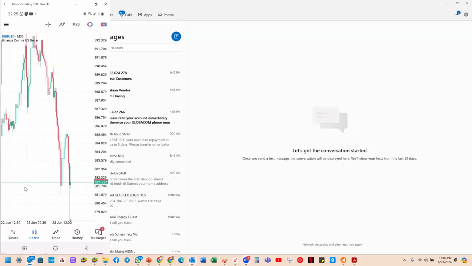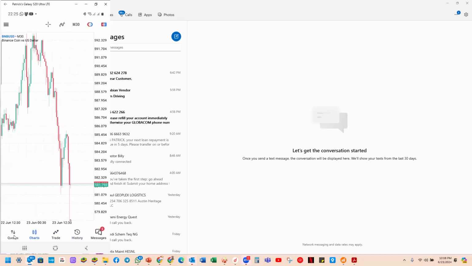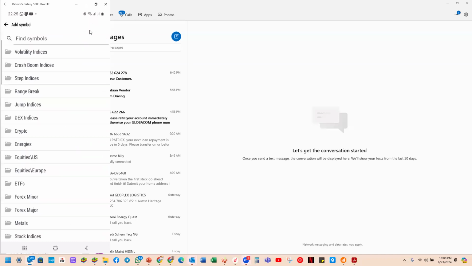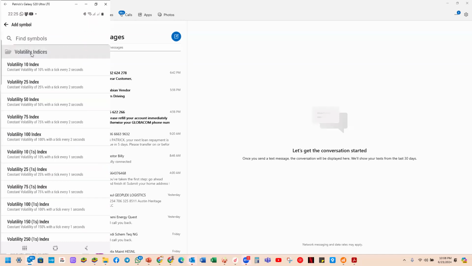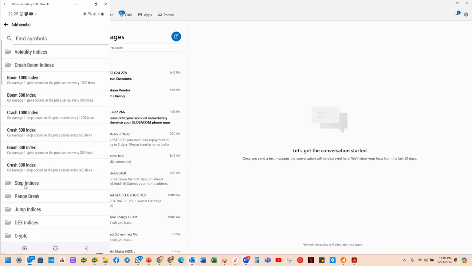And you can see your current trade, you can see your history, you can see your chart, and then you can see your quote. And on this quote, you can come here and say, okay, I want to add these volatilities. Any one I click, it will disappear from here and it will go to the chart. So let's go. I click volatility 10 is off, bam, bam, bam. Everything has gone to the chart.